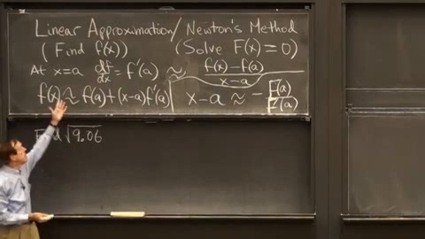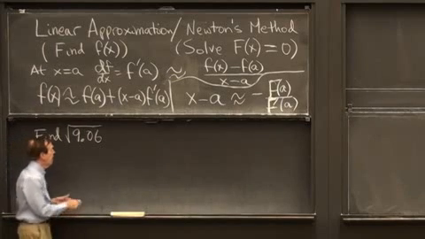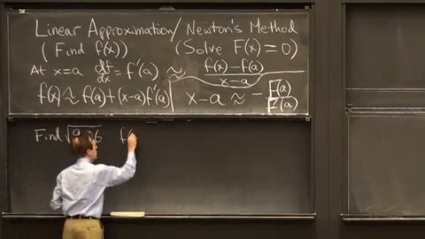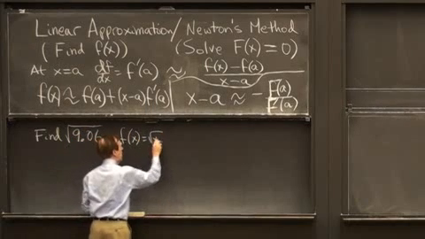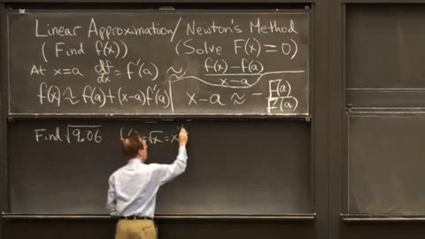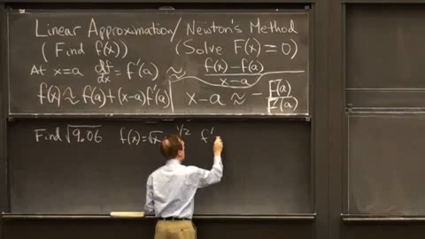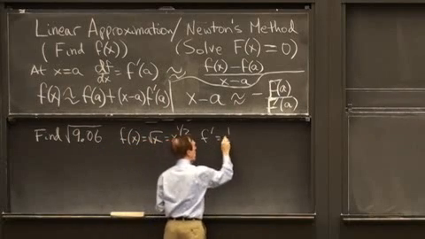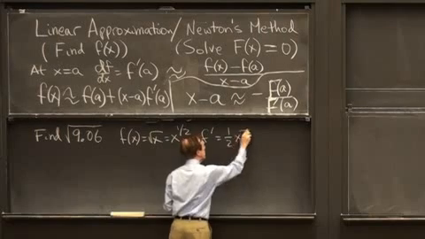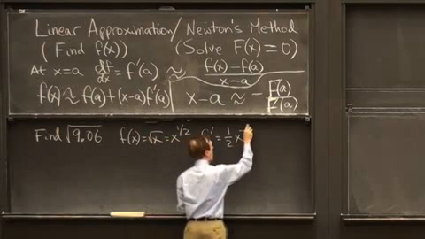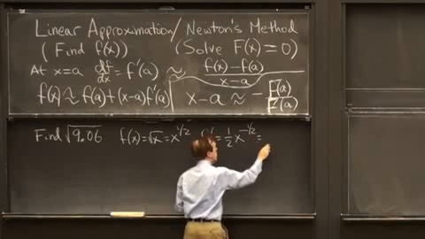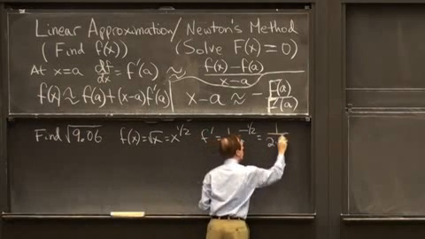How does that fit this example? My function is the square root function, x to the 1/2. Its derivative, f prime, is 1/2 x to the power minus 1/2. So that's 1 over 2 square root of x.